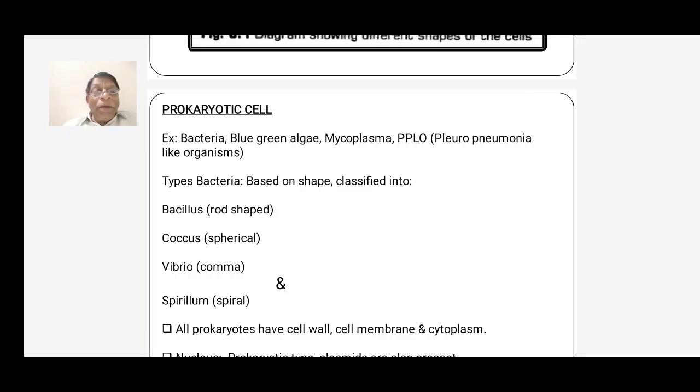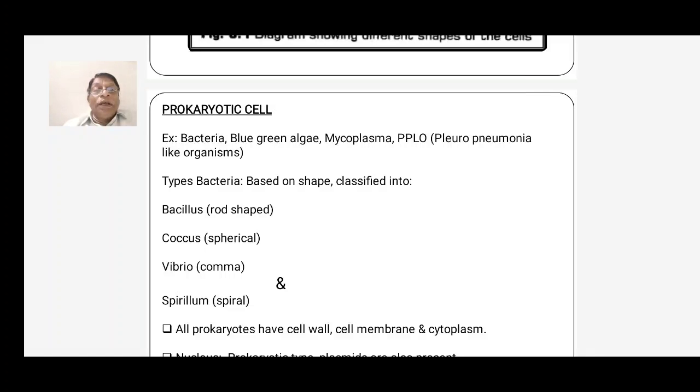The cell membrane includes, or inside the cell membrane, the fluid matrix is present. The fluid matrix is called cytoplasm.